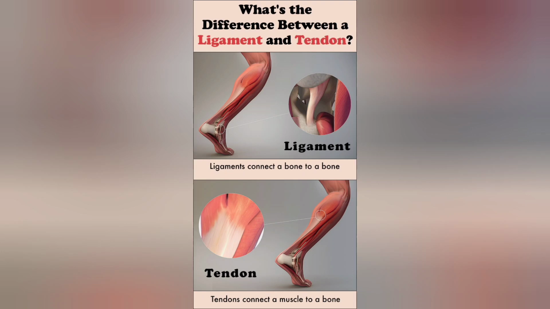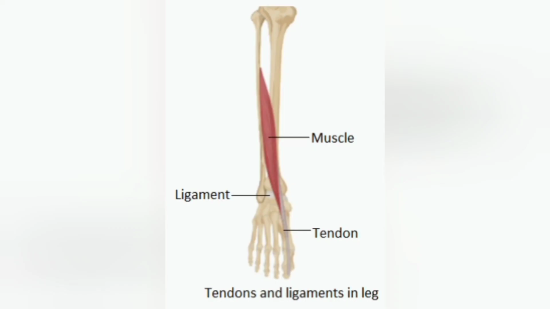Quantity of matrix is comparatively small. Ligament binds a bone with another bone. That means bone to bone attachment. Because of its elasticity, a ligament allows bending and rotation movements over a joint.